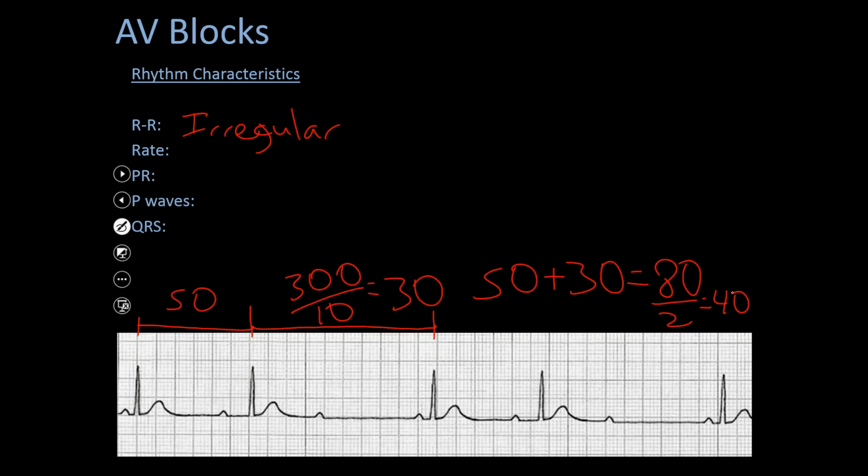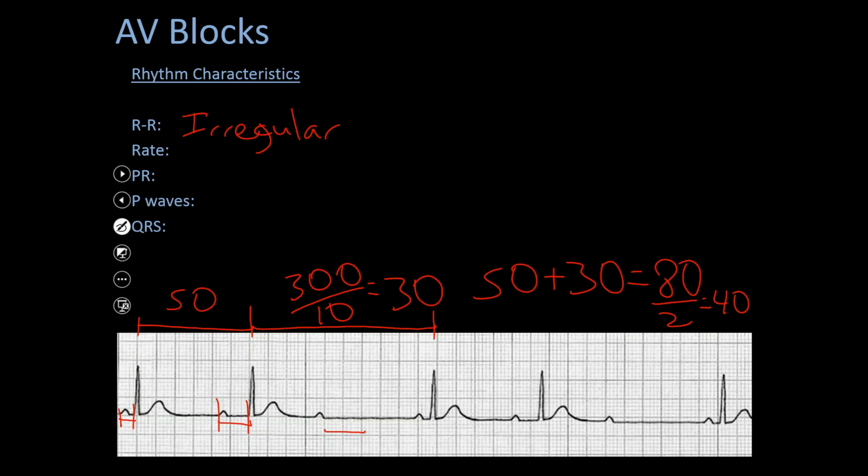And that's a result of this second-degree type 1 AV block. Now, look at this strip, you can see there's one PR interval, there's the second PR interval, and then I see nothing.